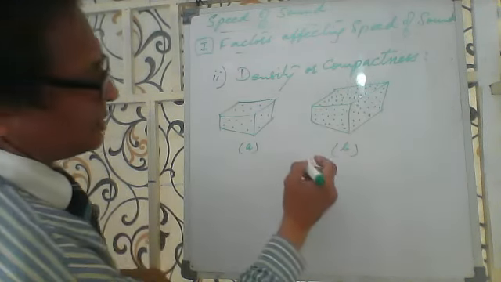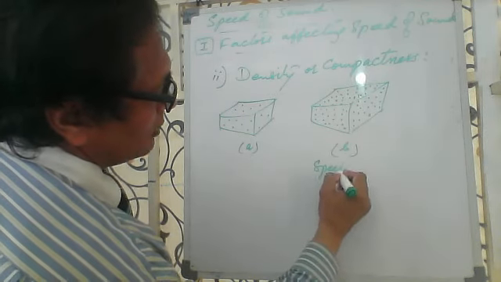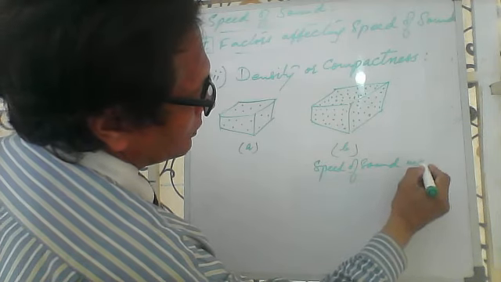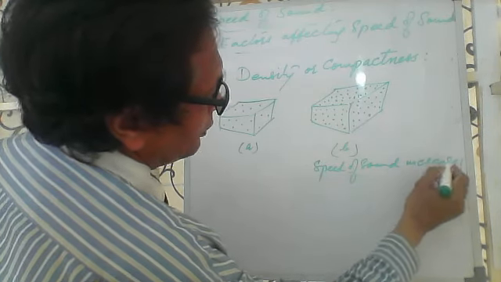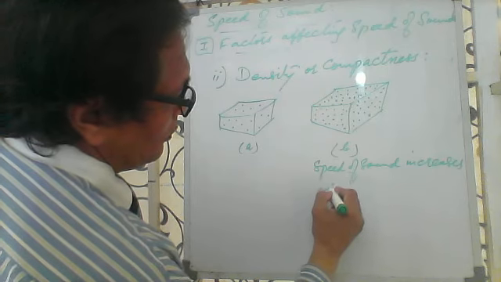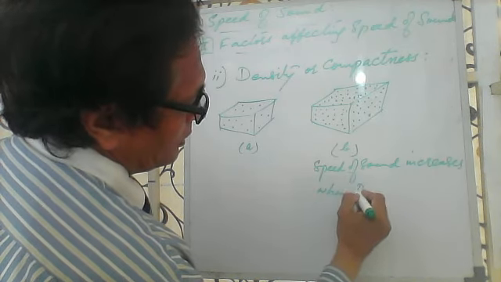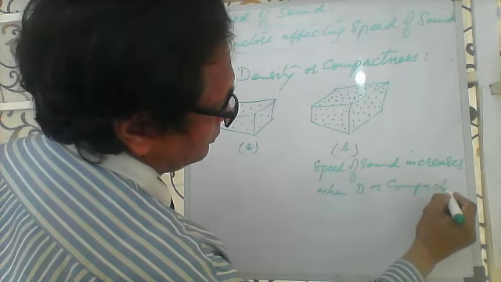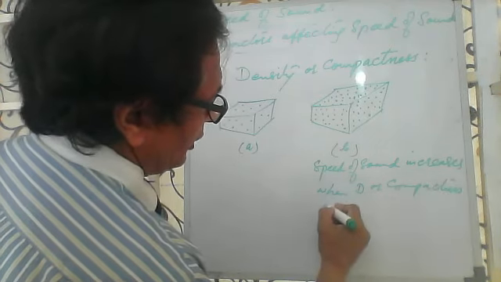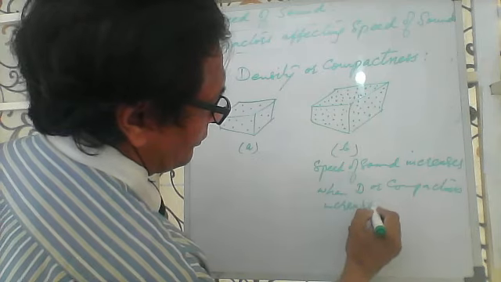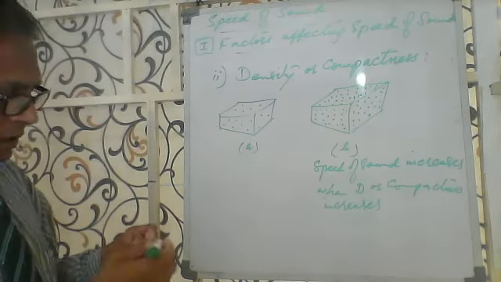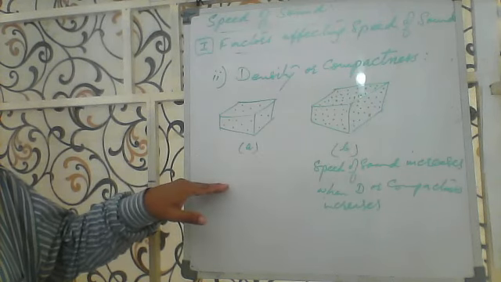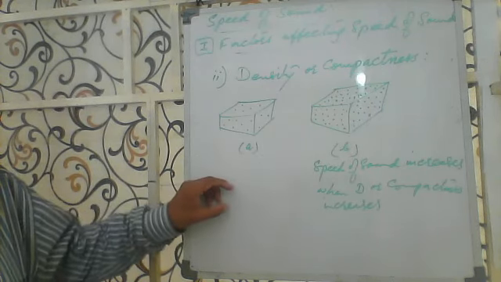So speed of sound increases when density or compactness increases, and vice versa. Speed of sound decreases when density or compactness decreases.